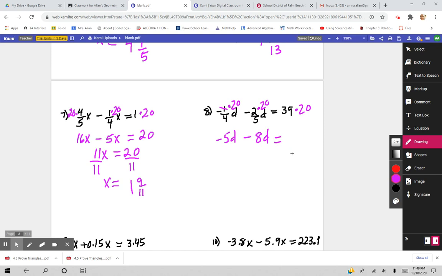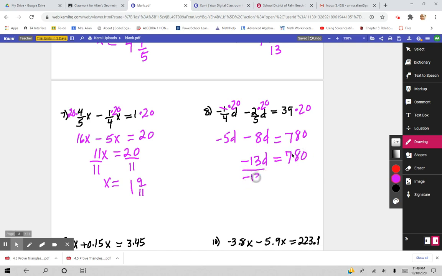And 39 times 20 is 780. All right, negative 5d minus 8d, that's negative 13d, equals 780.